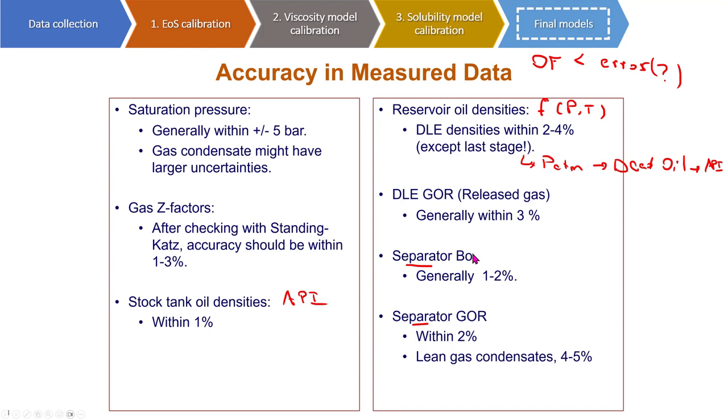For example, if I can consider my equation of state calibrated in terms of BO prediction or in terms of GOR prediction, you can use this as a criterion to compare if your prediction is in agreement with the lab data. So this is the accuracy that you can pursue doing your regression strategy. Okay.